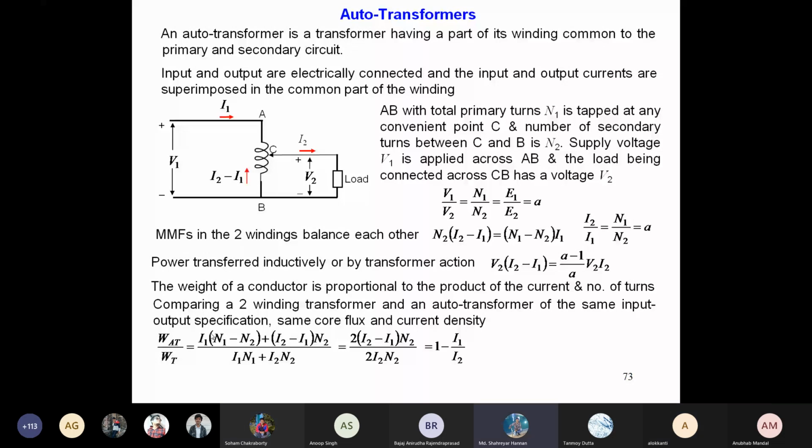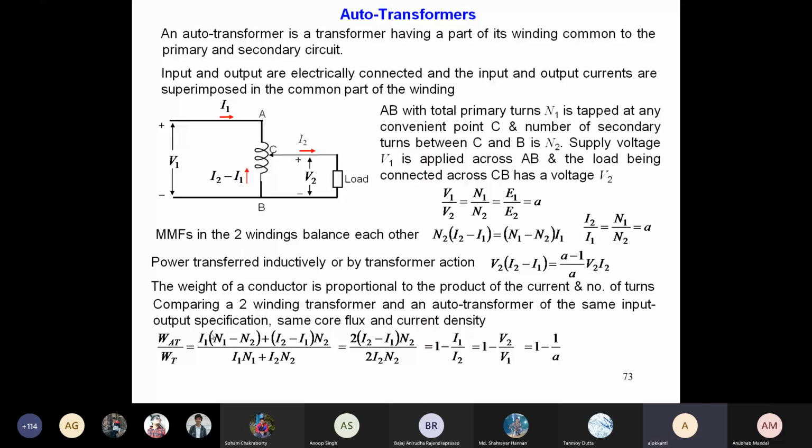That will be equal to I1 into number of turns, that is, current into number of turns. So it is 1 minus 1 by A. So 1 by A has some value, and 1 minus 1 by A is a value which is less than 1.